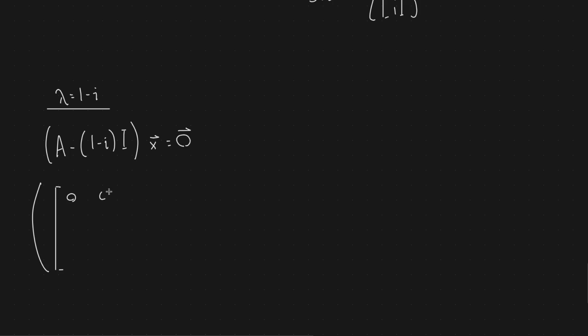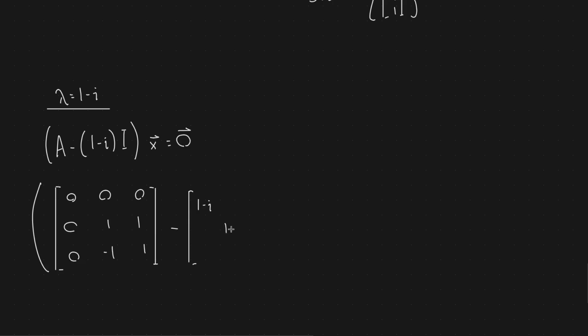Matrix A is still 0, 0, 0, 0, 1, 1, 0, negative 1, 1, and I'm going to subtract 1 minus I times the identity matrix.